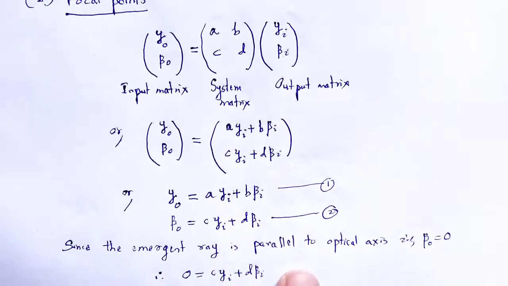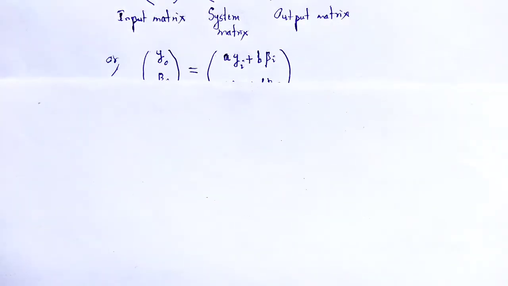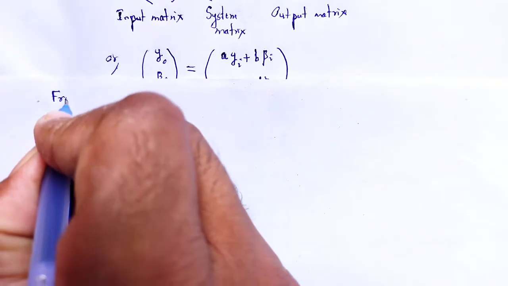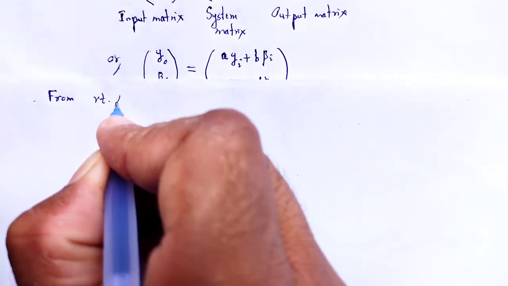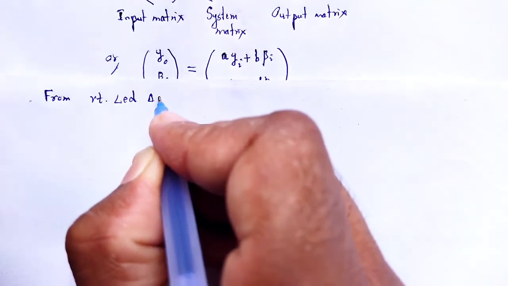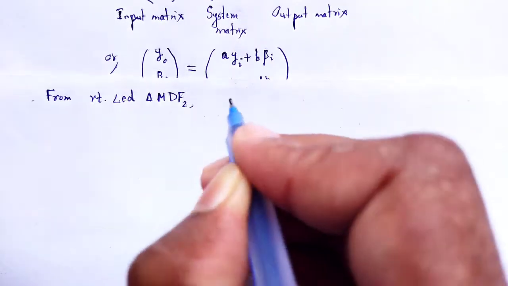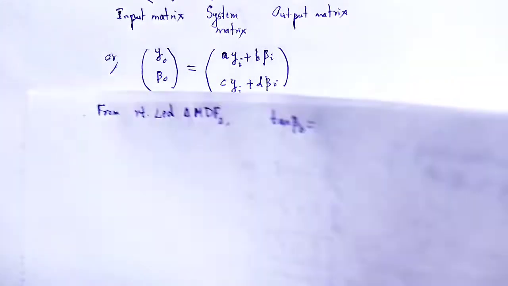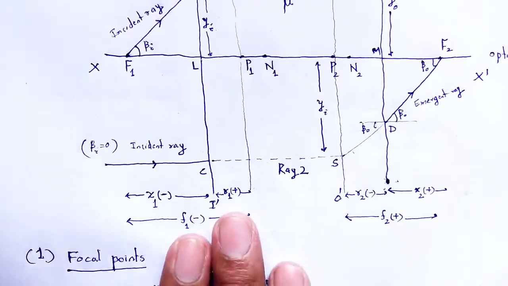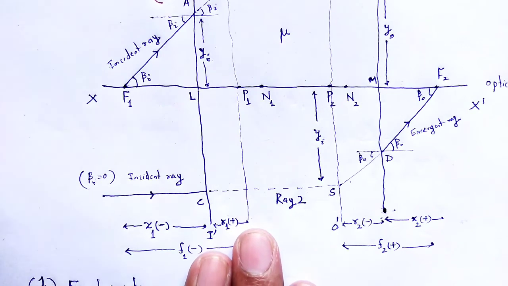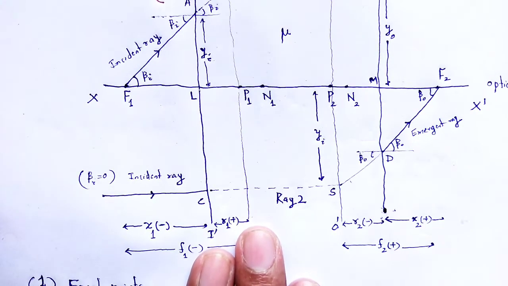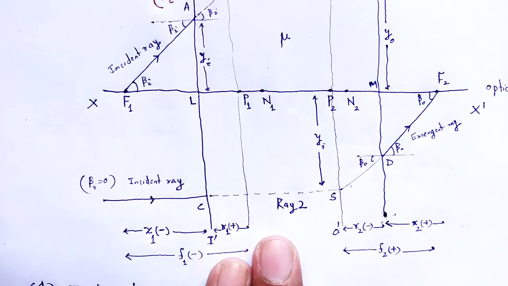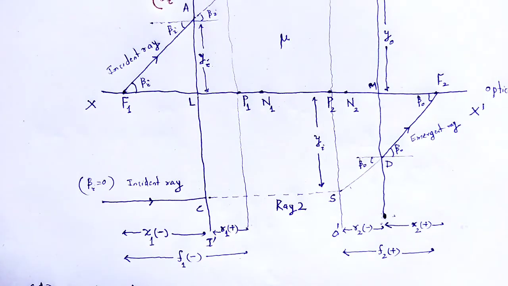Now from the right angled triangle MDF2, tan of this angle is equal to MD by MF2.